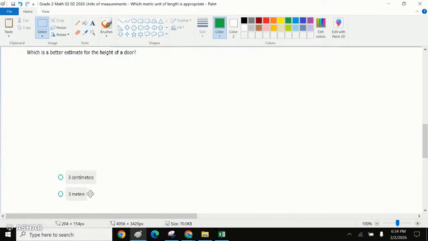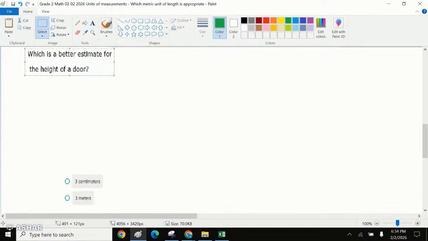These are the 2 options given to us. So would it be option A or option B?